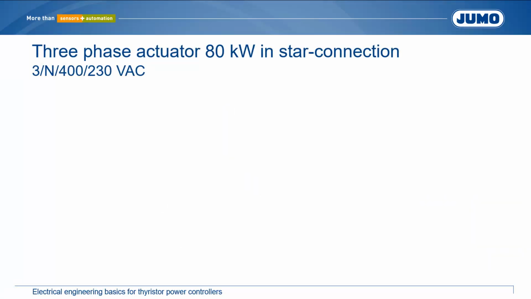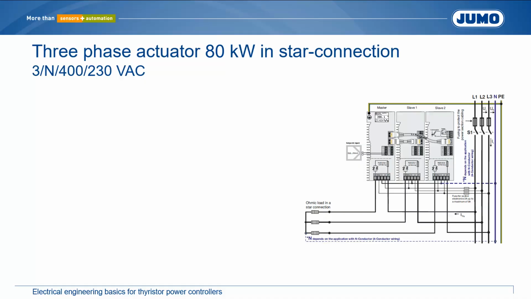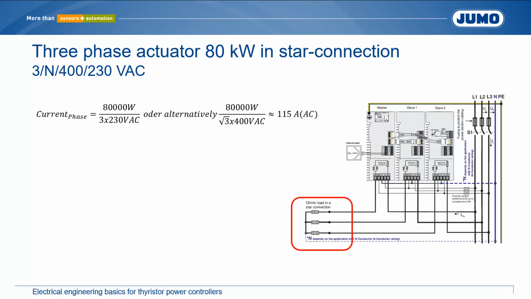As an example, the application of a three-phase load in star connection in a low-voltage network with a phase-to-phase voltage of 400 volt and a phase-to-neutral voltage of 230 volt is considered. The rated power of the three-phase load is 80 kilowatts. The controller current can be calculated with the two formulas.